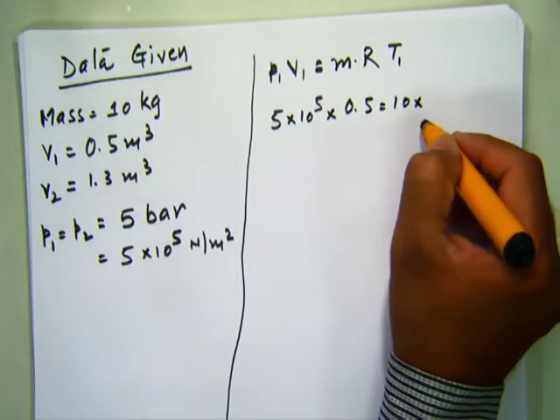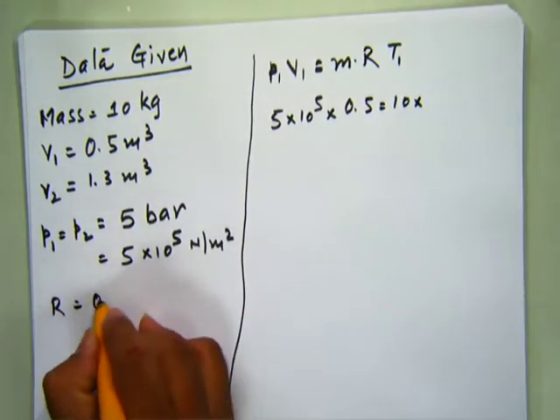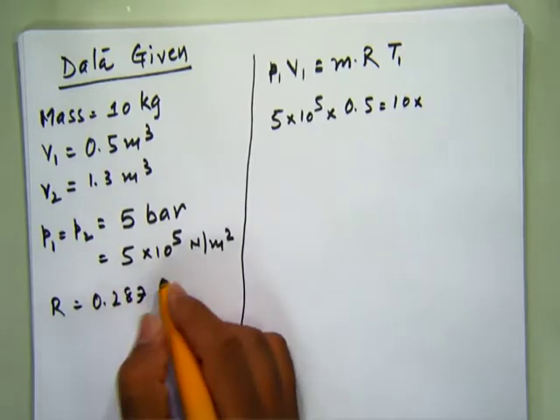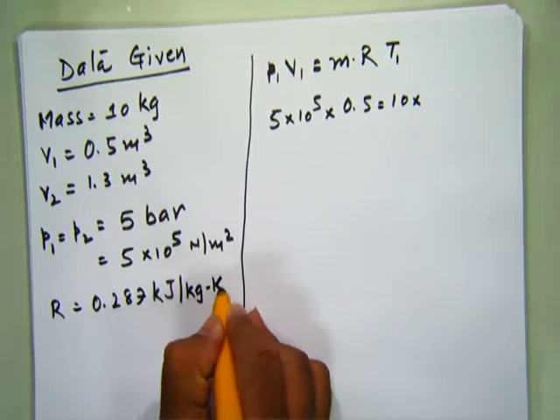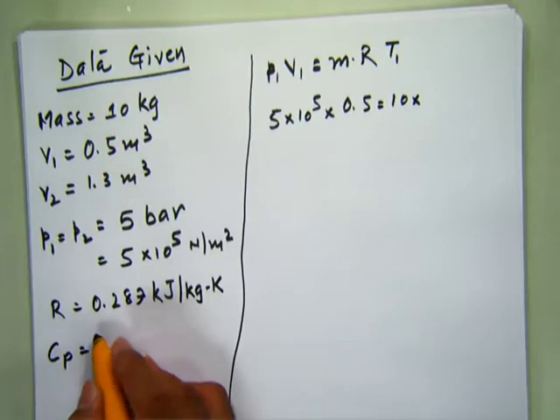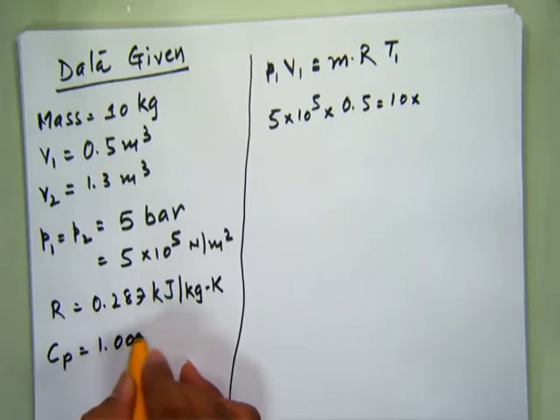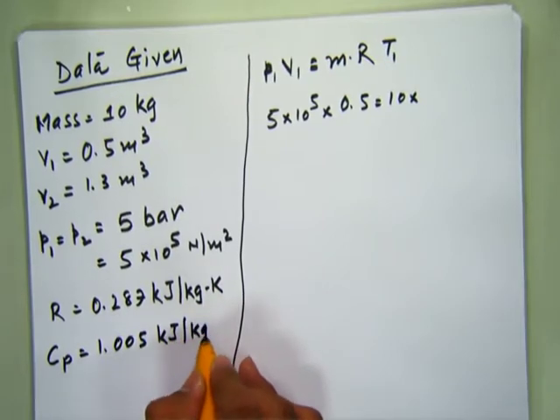You can take R is equal to 0.287 kilojoule per kg Kelvin, and take Cp of gas as 1.005 kilojoule per kg Kelvin.